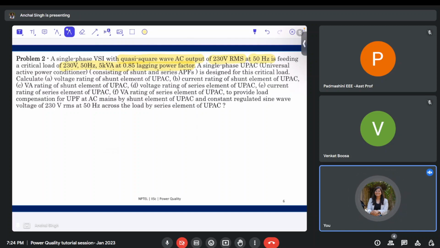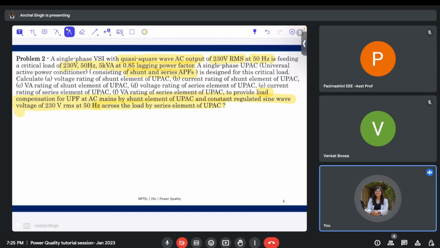So again, a single phase UPAC, that is universal active power conditioner, which consists of both shunt and series active power filters, is to be designed for this critical load. And we have to calculate the voltage rating, current rating, and VA rating of the shunt element, and similarly the voltage, current, and VA rating of the series element, in order to provide load compensation for unity power factor at AC mains by the shunt element, and a constant regulated sine wave voltage of 230 volts RMS at 50 hertz across the load by the series element.